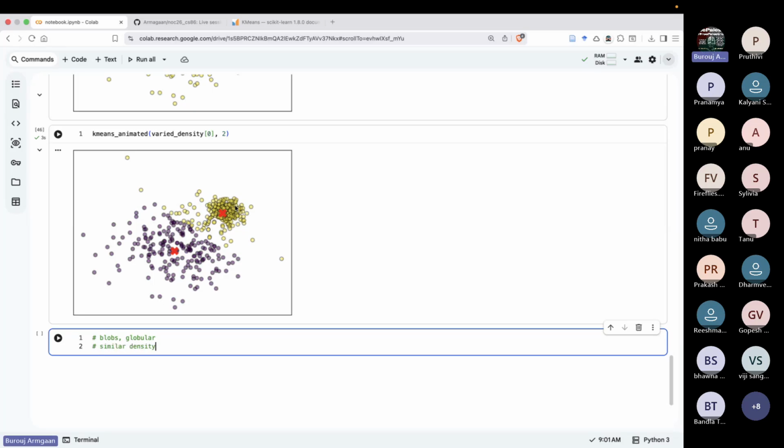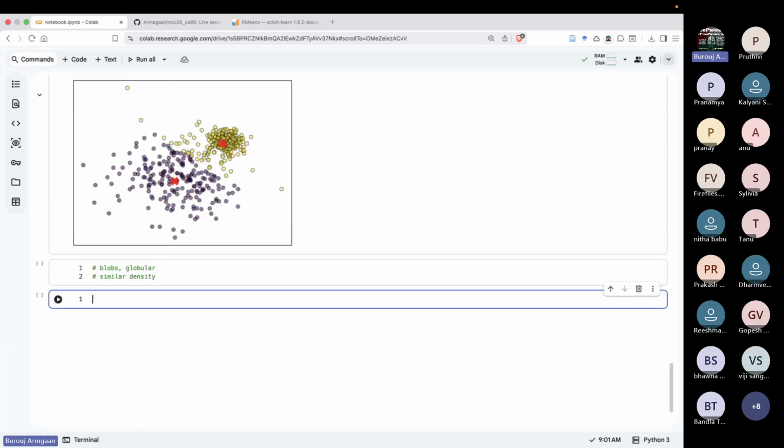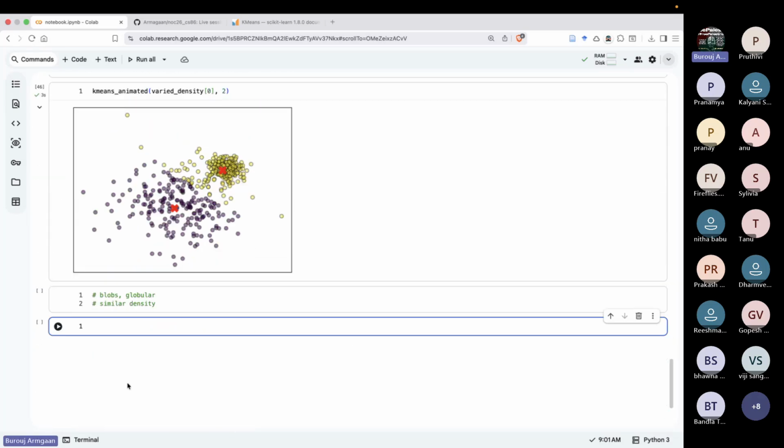One is much denser and the other is much sparser, and because of that, k-means once again struggles. So this is another failure case for k-means. Okay, let's try one last data set. This one was same size, different density. Let's do same density, different size.